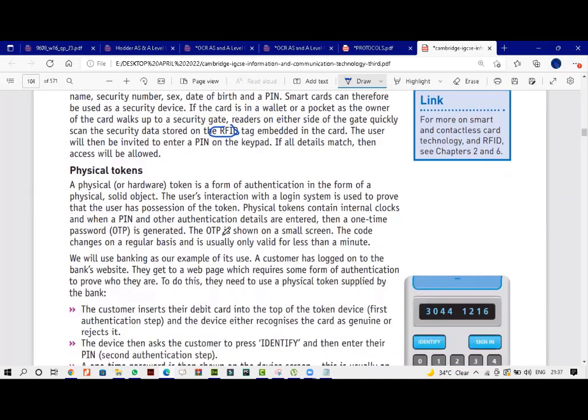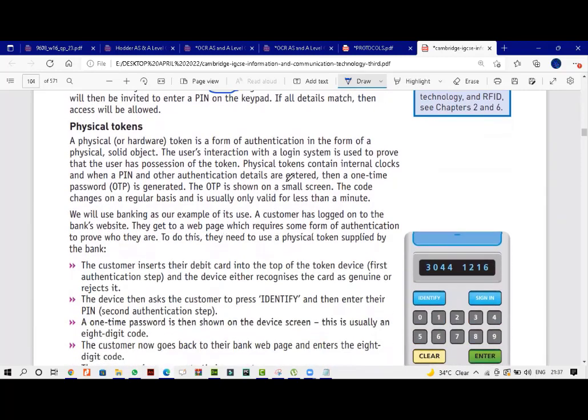Physical token basically is a form of authentication in the form of physical solid objects. So a physical token contains internal clocks, and when a PIN and other authentication details are entered, then a one-time password is generated.